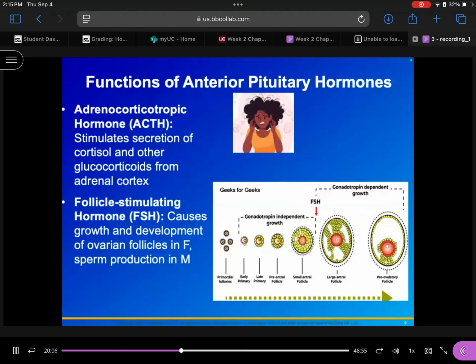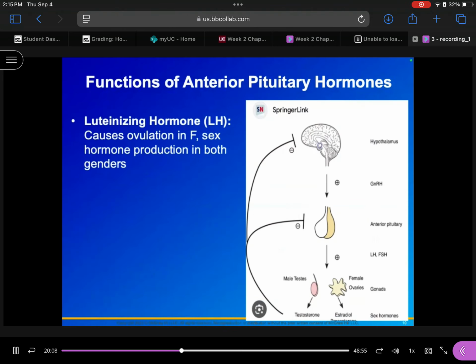The very last hormone that we want to talk about is luteinizing hormone, or LH. This is going to cause ovulation in the female, so that's basically the release of the egg. And it also is going to cause sex hormone production of the gonads in both sexes.